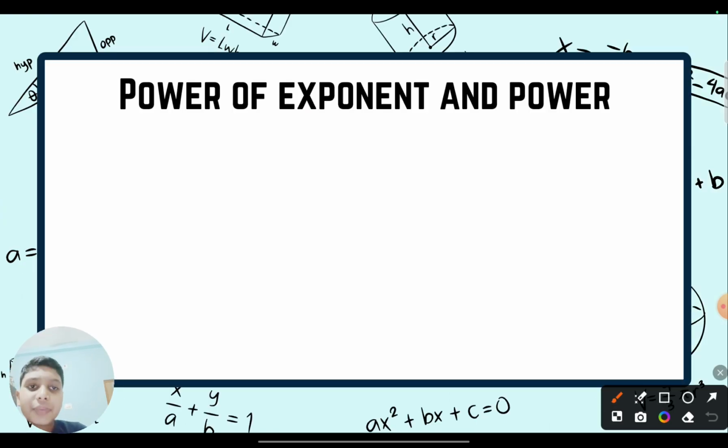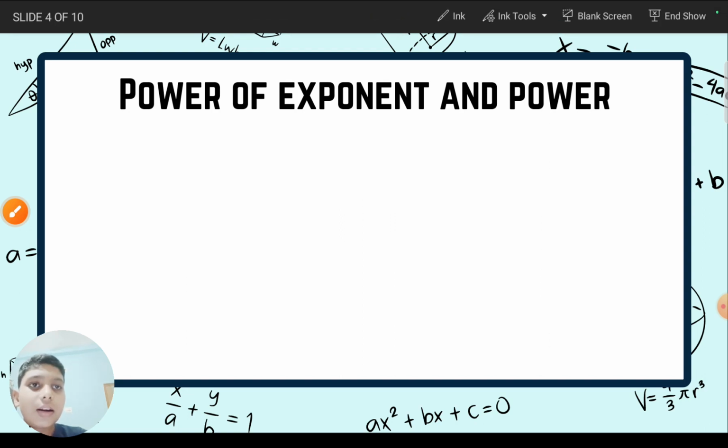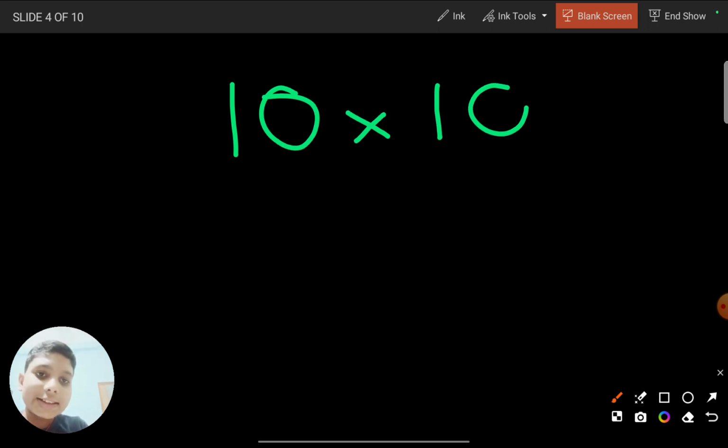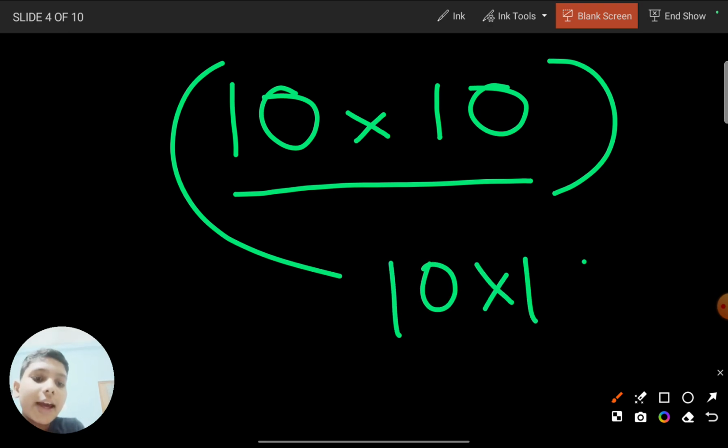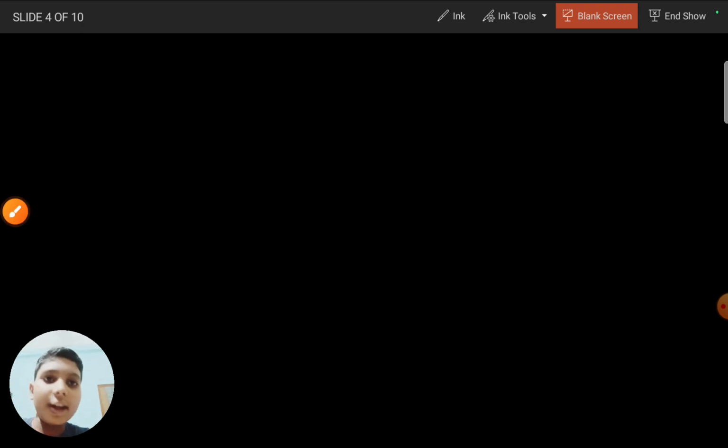Power of exponent and power. Now for example, I will just take one blank screen and explain here. I will take a number 10. Now I will multiply this number with itself once, so 10 into 10. This is okay, but when I tell you to write 10 into 10 into 10 into 10, 20 times, it is possible to write, but it is going to be very difficult, of course.